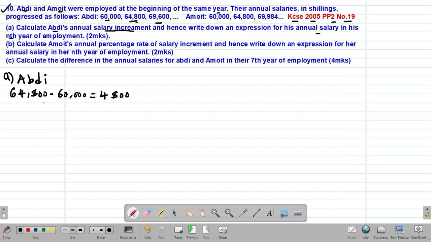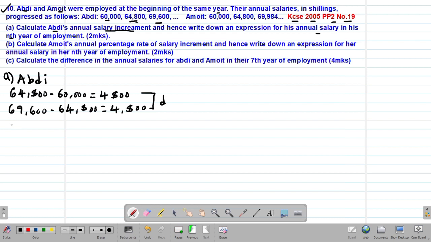The third term is 69,600, minus the second term, 64,800. If you subtract these two, you're also going to get 4,800. So clearly, for Abdi's salary, it has what we are calling a common difference D.